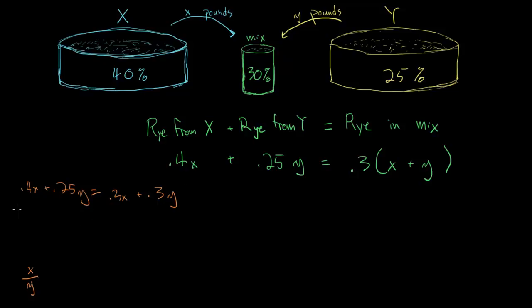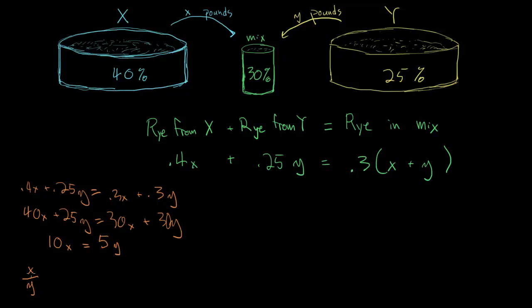All right, back to algebra. And to make life easier, let's just get rid of these decimals. So let's multiply this whole equation by 100, and that'll give us 40x plus 25y equals 30x plus 30y. And let's see, I'll bring my x's over here and my y's over here, so that gives me 10x equals 30y minus 25y, which is 5y.